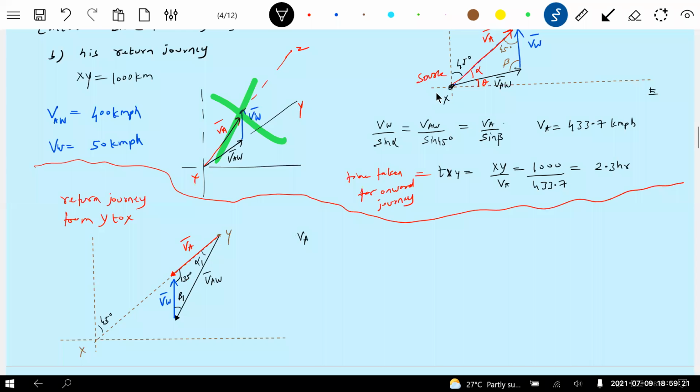VA by sine beta 1 equals VAW by sine 135 degrees equals VW by sine alpha 1. We wanted VAW sine 135, so I'll get alpha 1, then alpha 1 plus beta 1.